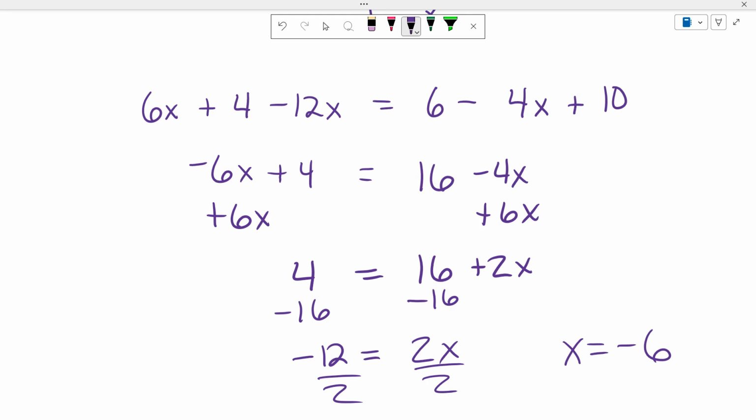Okay, can we handle equations with variables on both sides? Kind of. Yes, I can. Okay, so we have a worksheet with 12 problems on it. Oh, actually, I'm sorry, I lied.